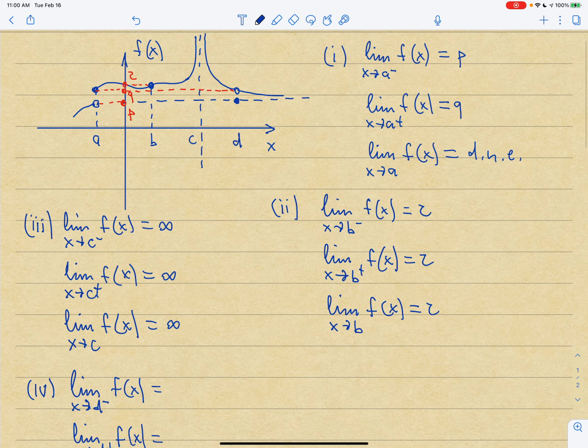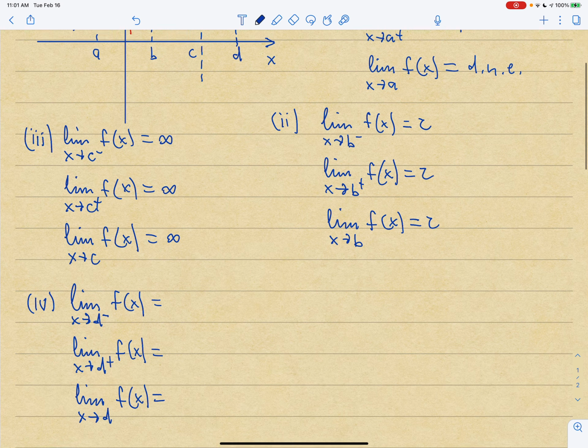Well, as x goes to d from the left, what do we see? We see that the values of the function are decreasing and getting closer and closer to q, right?